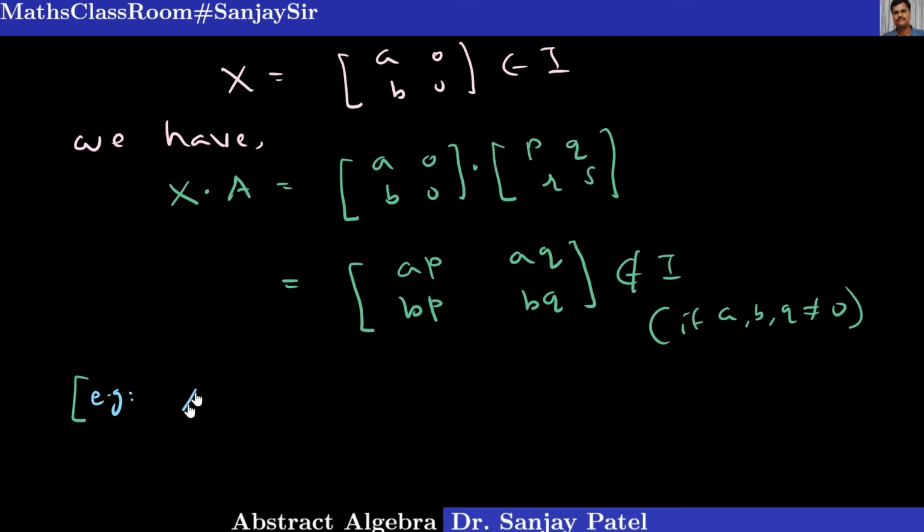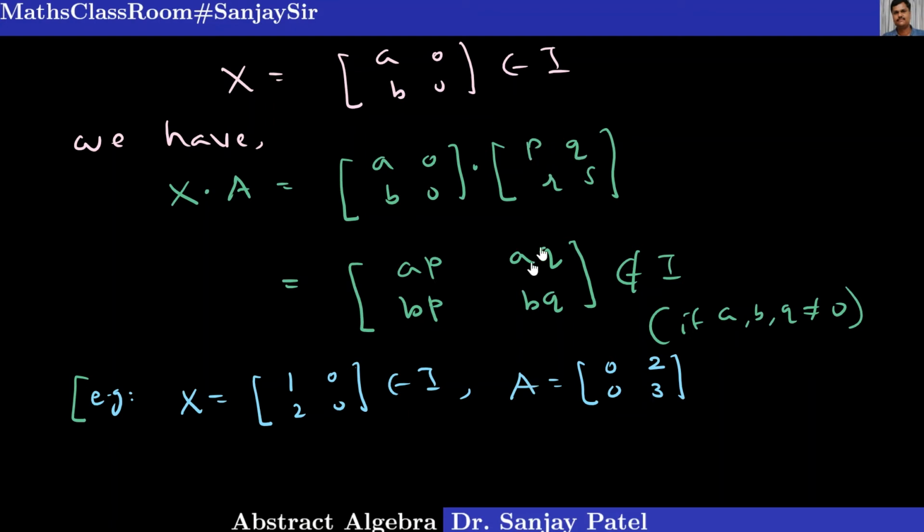For example, if we choose any element from the ring of matrices, say like this, 1, 2, 0, 0, that is X, this belongs to I. And if I take a matrix A equal to, say, 0, 1, 2, 3, I can take anything, not necessarily PQRS.